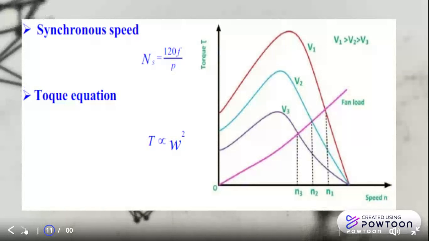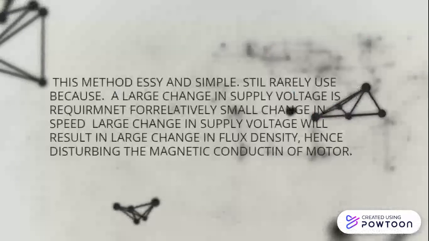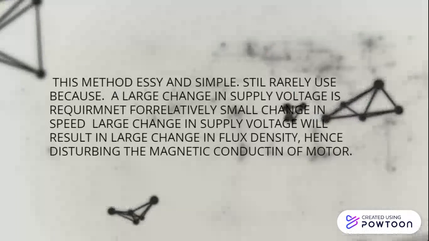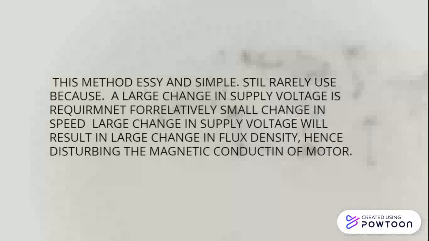From these equations, we can conclude that this method is easy and simple, yet rarely used because a large change in the supply voltage is required for a relatively small change in the speed. A large change in supply voltage will result in a large change in the flux density. Hence, this large supply voltage change is not possible, and it disturbs the magnetic conduction of the motor.